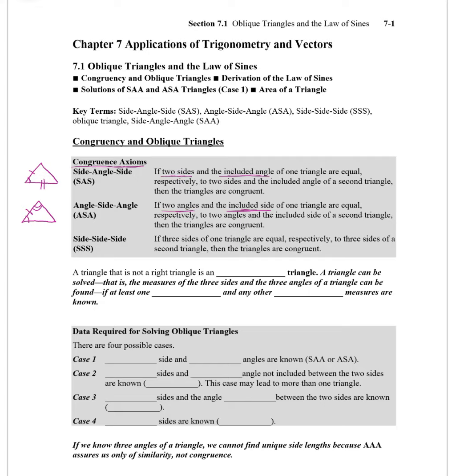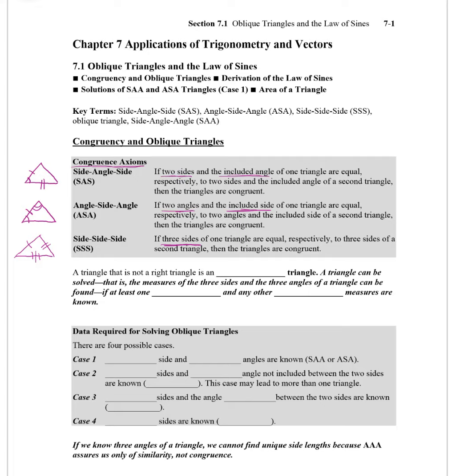And then the third one, if you have 3 sides of one triangle, and there's another triangle that has the same lengths of the sides, then those 2 triangles are congruent.